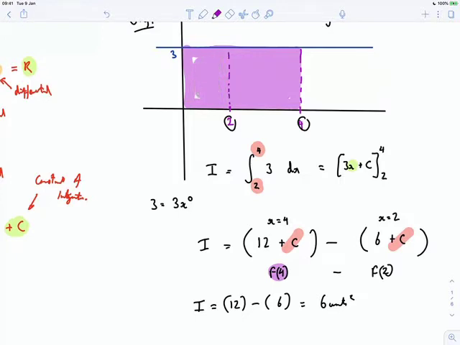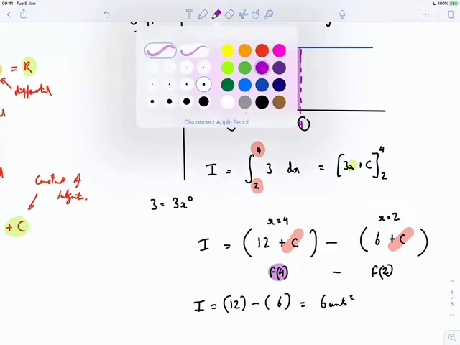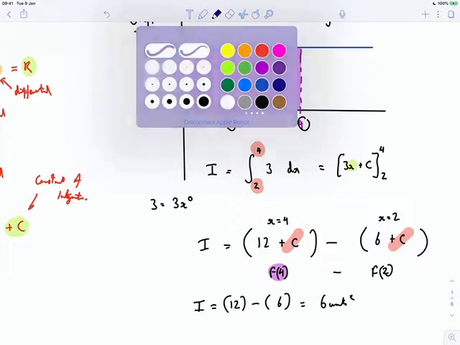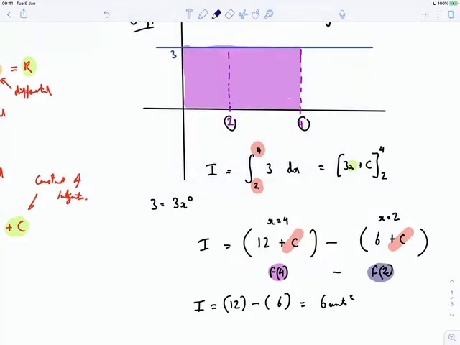The purple stuff is 12, because it's 3 high by 4 along. And then we minus, and then, I don't know, let's do dark blue. And then F of 2, oh, that's not a good colour. And F of 2 is the area from 2 backwards, like so. And can you see how if you minus the green rectangle from the purple rectangle, you'll get this desired bit that we want.